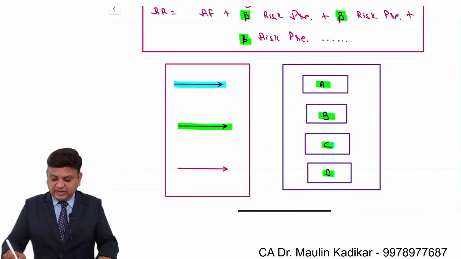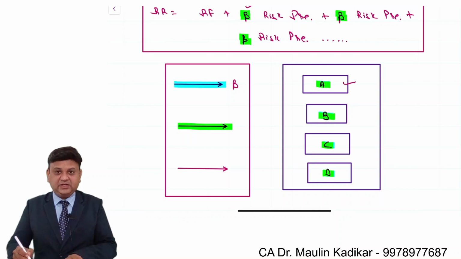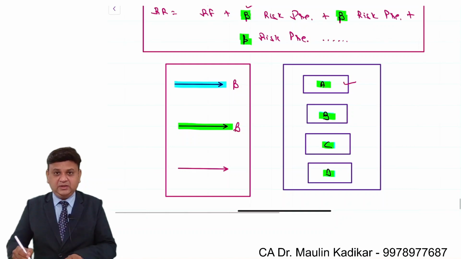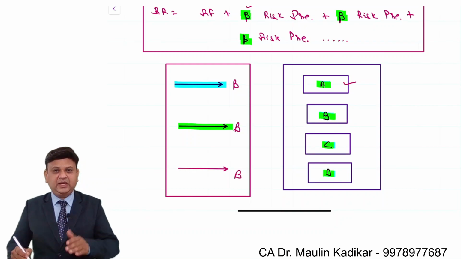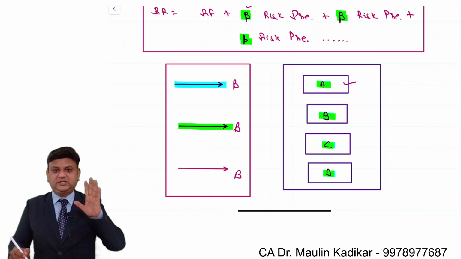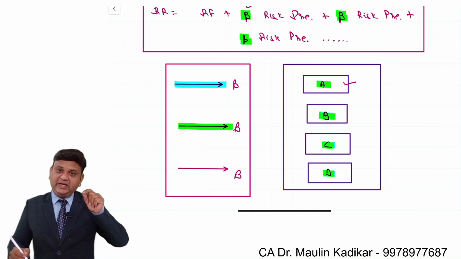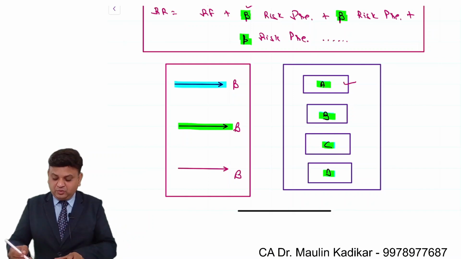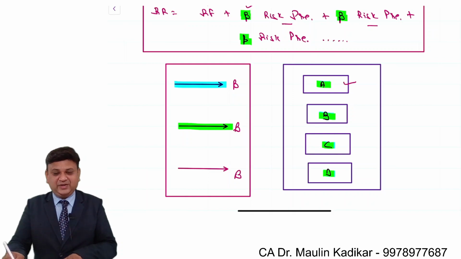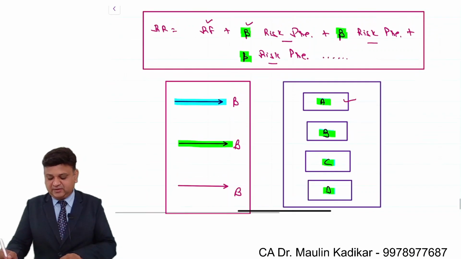Suppose we are doing the answer for A company, for example. Then beta for the first factor, beta for the second factor, beta for the third factor, and so on, whatever the number of factors you have quantified. For each systematic risk factor we compute the beta into risk premium for the first factor, risk premium for the second factor, risk premium for the third factor.